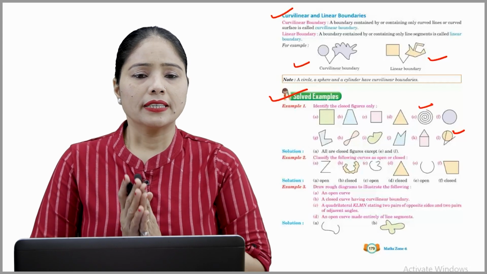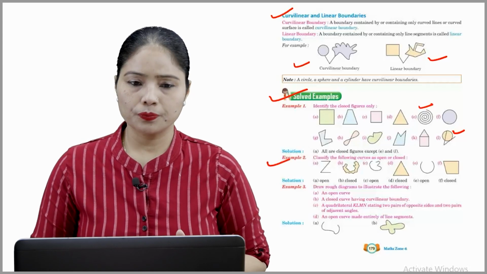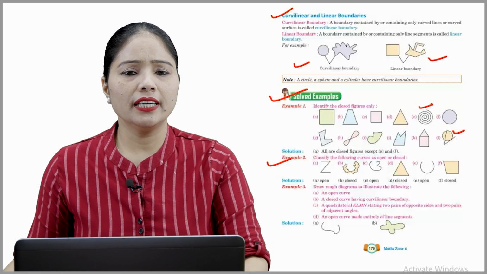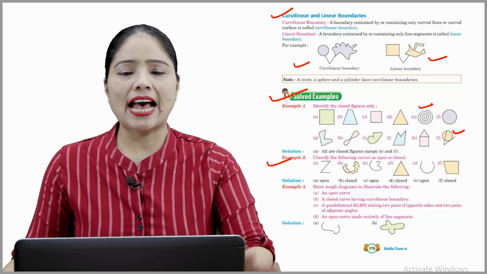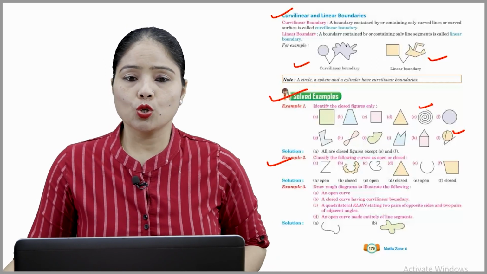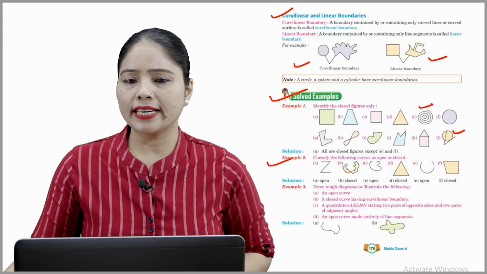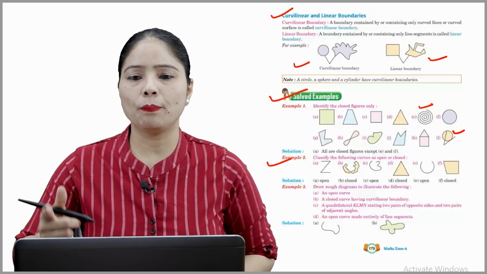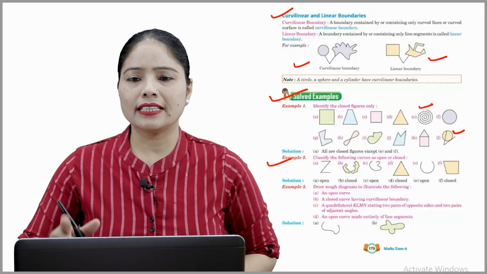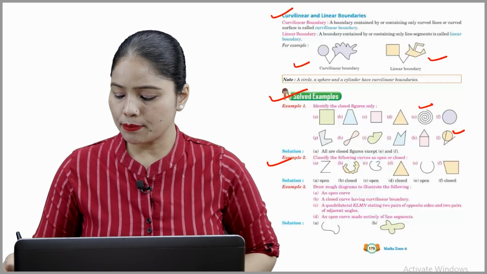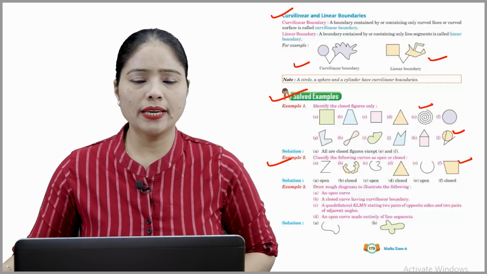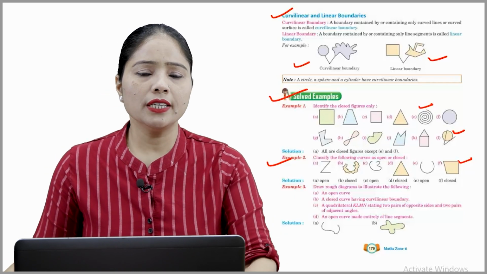Okay. Now example 2. Classify the following curves as open or closed. So first one is open, second is closed, third open, then closed, and E part is open and the last one is closed.